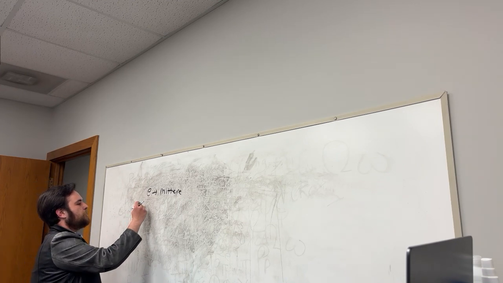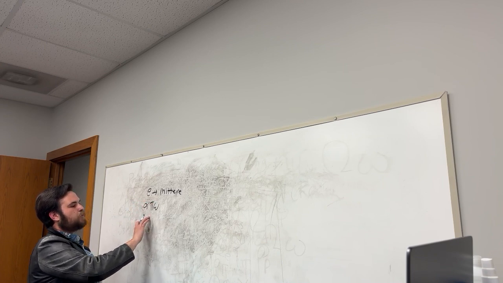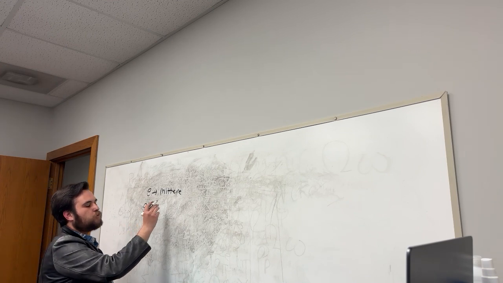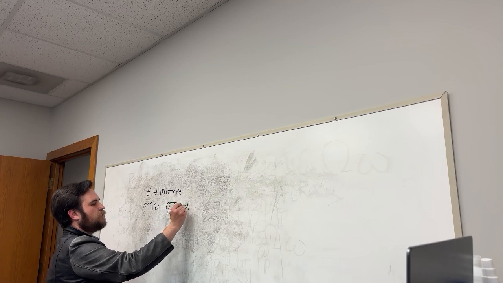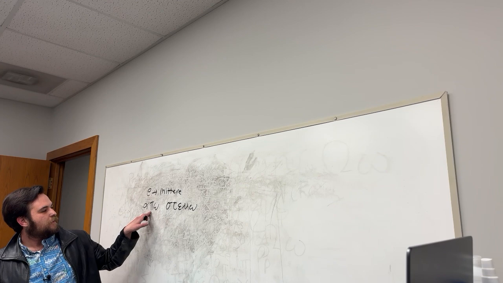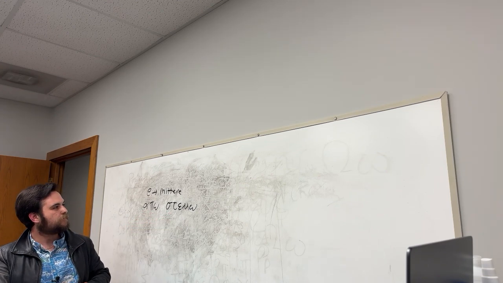So the prefix, and we'll get to this later on, apo means away from, and then stolos comes from a verb, which is stelo, which means I send out. So apostolos means somebody who's sent out.